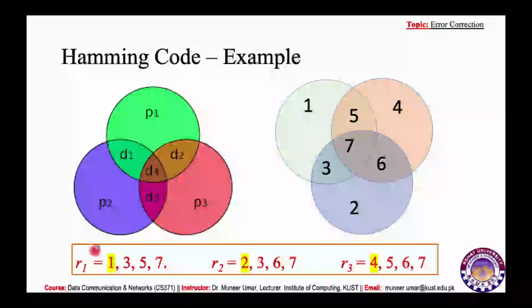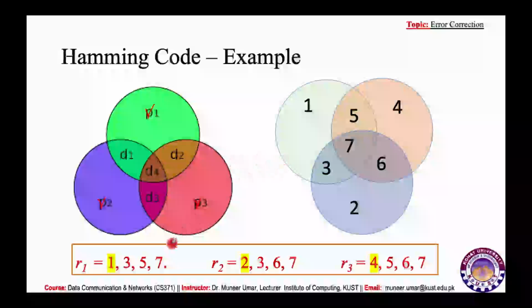Now if we look into these parities R1, R2 and R3, these can be represented by a diagram. So here we have R1, this one is actually P1. We can also use R or P, both are possible.